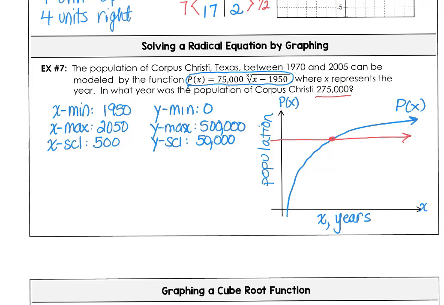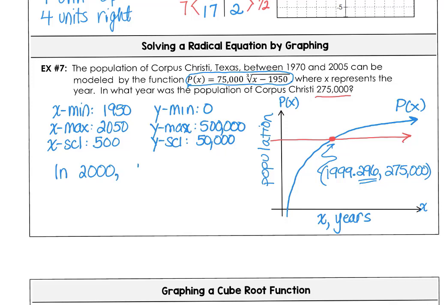So that intersection point is going to tell us the year that the population reached 275,000. And you can do that by finding the intersection point. And I see 1999 and a little more of the next year. So to answer our question, we would have to consider that little more of the next year would round up to the year 2000.